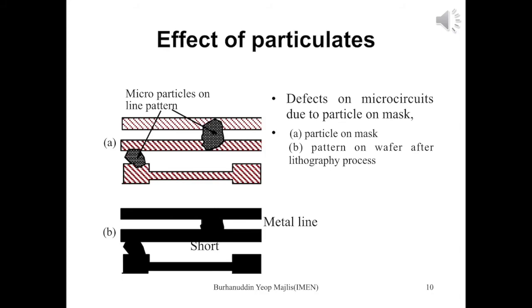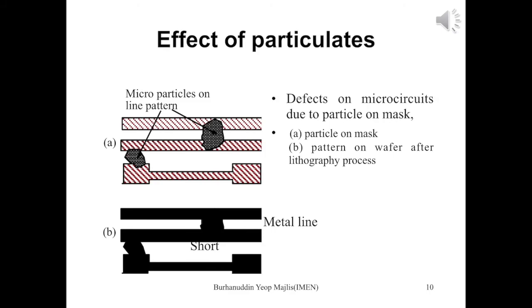So as you can see from the slide, the defect on microcircuit is due to particles on the mask. We want to make a pattern, so we have to use an optical mask and transfer it to the wafer.